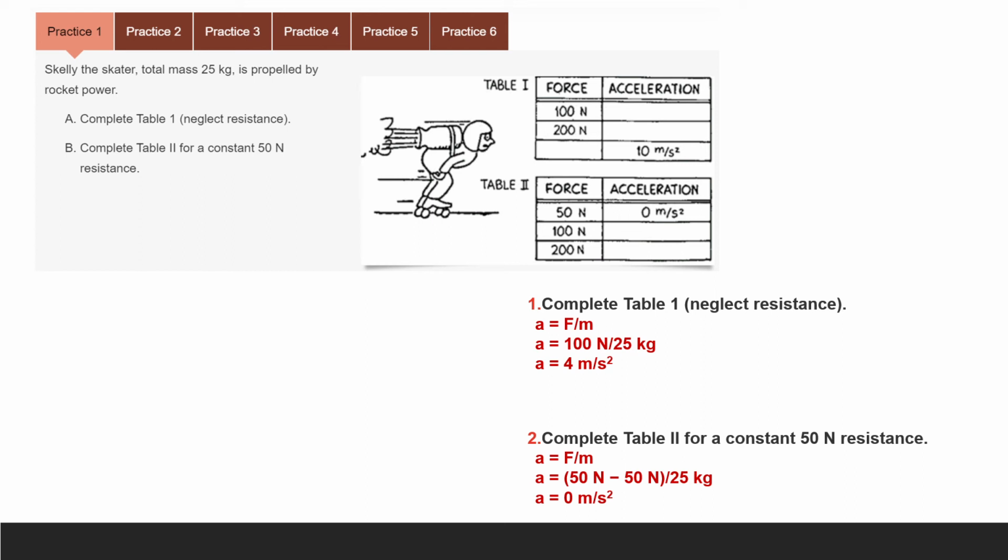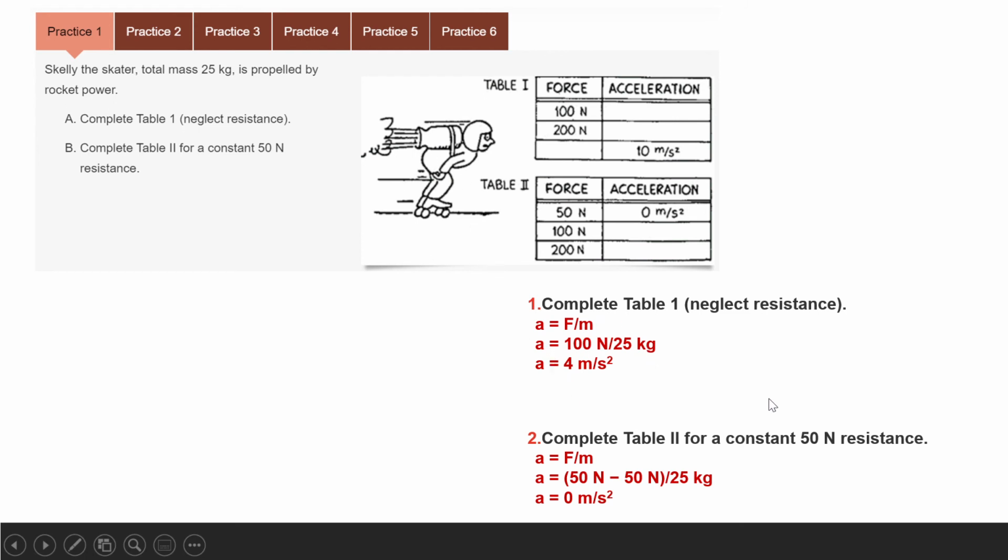Alright, and what about the second part? Right here in complete table 2 for a constant 50 newtons resistance. Well, whenever we have two different forces, we need to consider them. And remember that resistance means that it is a force going in the opposite direction to where the person is heading. So in this case, on the first part, we have a force of 50 newtons, which is the force applied by the rocket that the person has on his back.